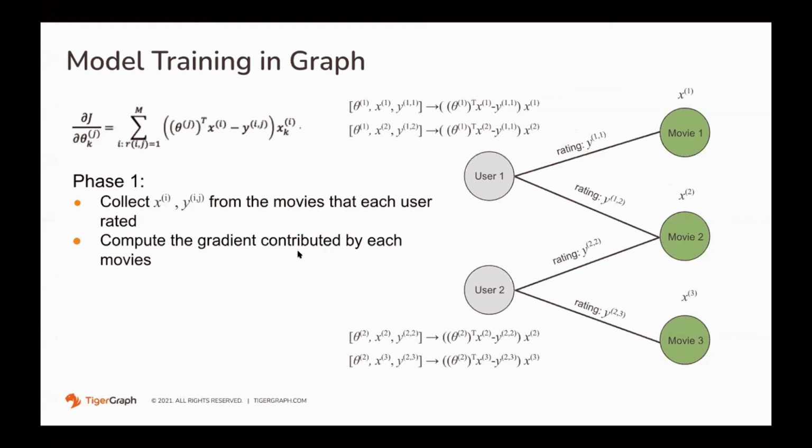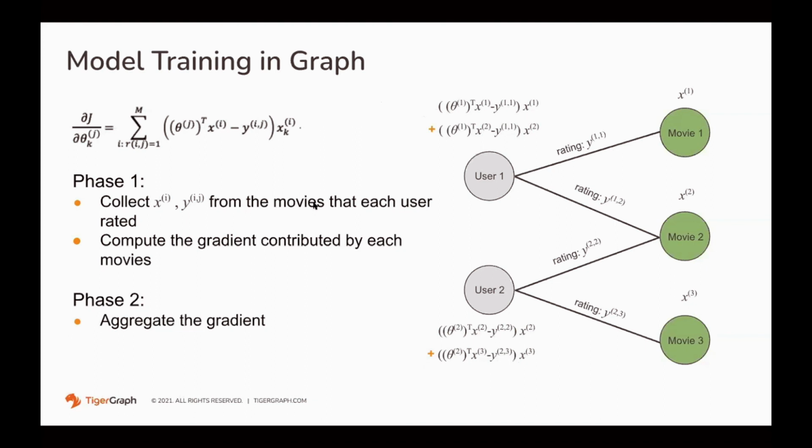Now we compute the gradient contributed by each movie. Using this formula, we calculate the gradient for each movie, and you can see on the screen how that is calculated. Then in phase 2, as you can see from the summation sign, it aggregates all these gradients for a particular user.